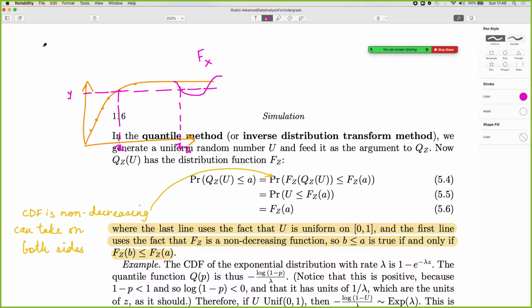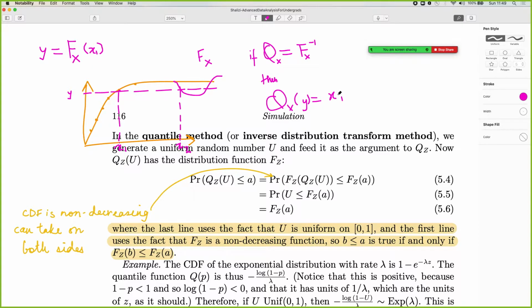So if you're defining y is equal to f under capital X of x1, then if q is equal to f inverse, then q of y is equal to x1, right?